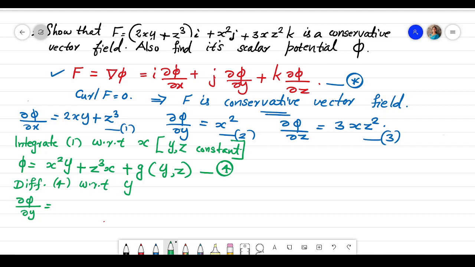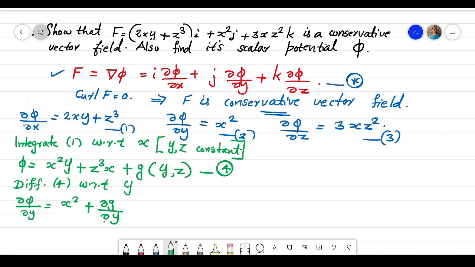Dou phi by dou y is equal to, here with respect to y, x square plus, now the derivative of this function becomes 0. Here we have to consider the derivative of g of y comma z with respect to y. So we can write dou g by dou y.